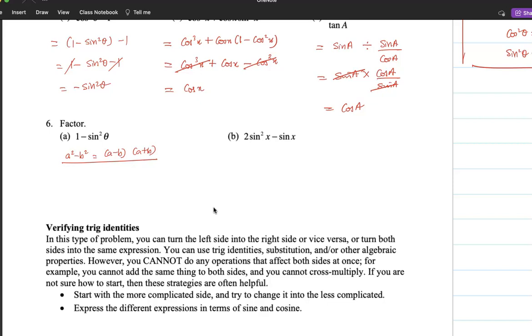They want you to factorize. So a squared minus b squared: 1 minus sine, 1 plus sine. Yeah, that's it. Very easy.